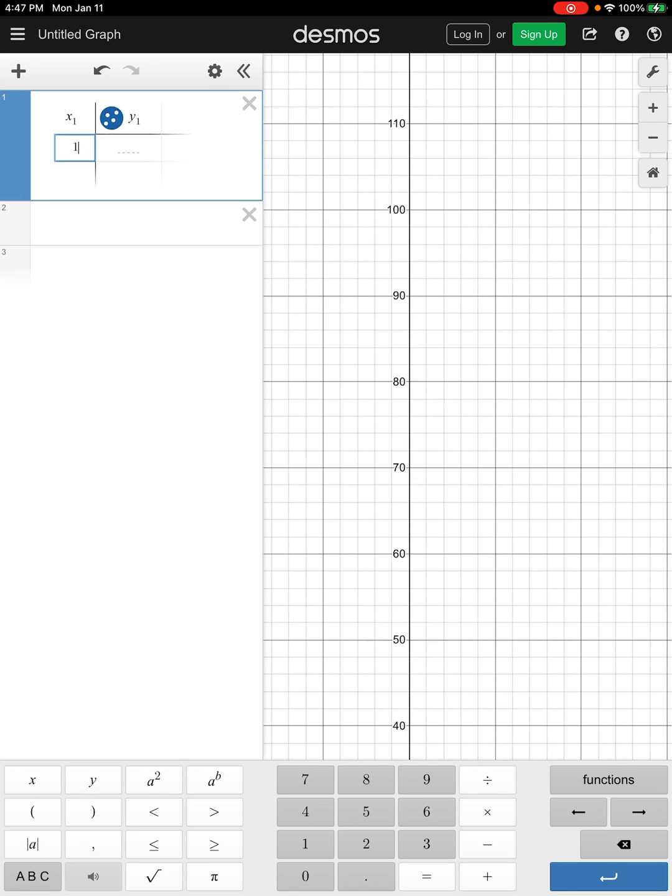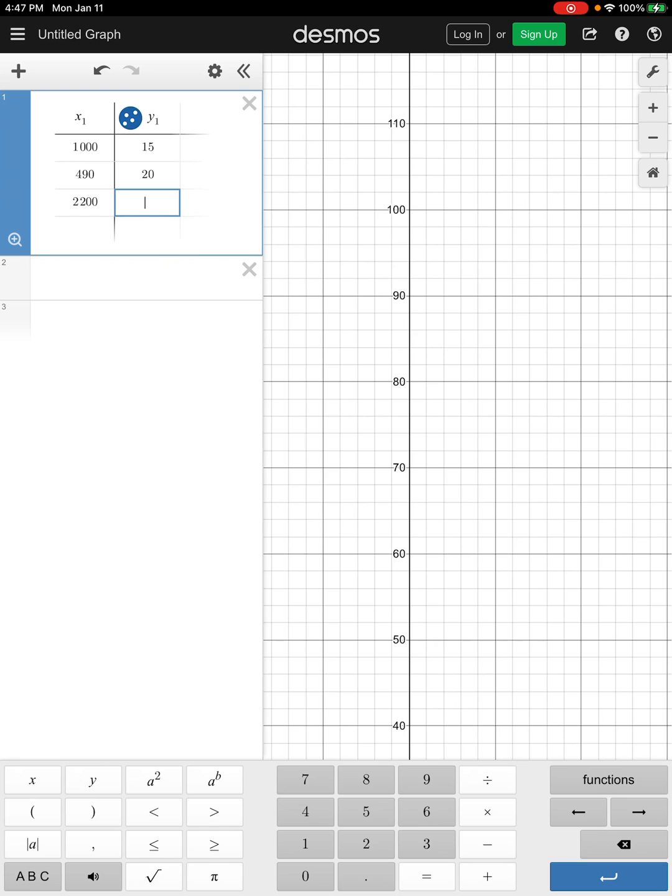So I've got at 1,000 meters up, it's 15 degrees Celsius. At 490 meters up, it is 20 degrees. At 2,200 meters up, 8 degrees. At 650 meters up, the temperature was 17 degrees.